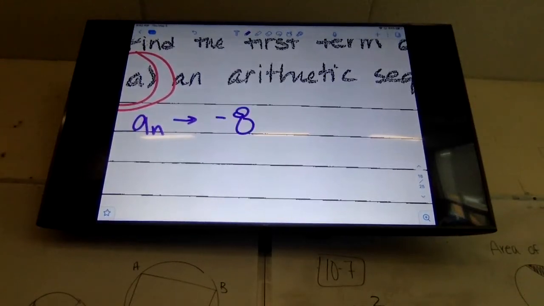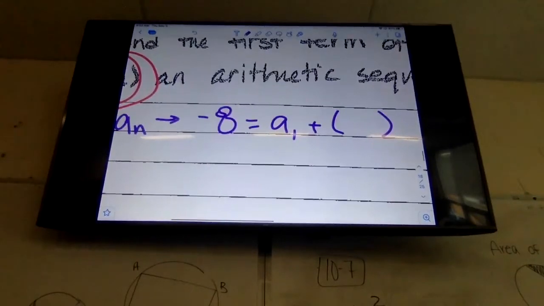So instead of writing a sub n, I'm going to write -8 is equal to a sub 1. We don't know that. Plus... n. What is my n here? What term is -8? Fourth. 4 is n.